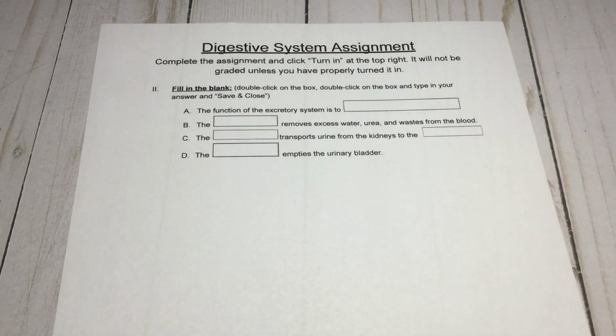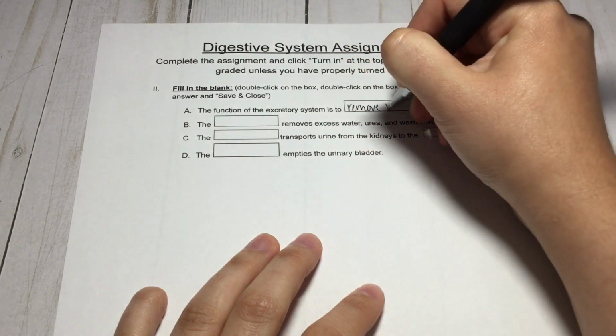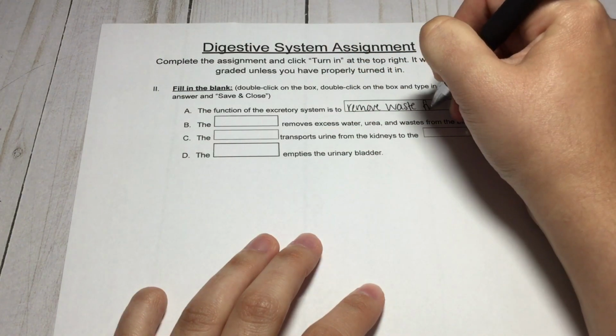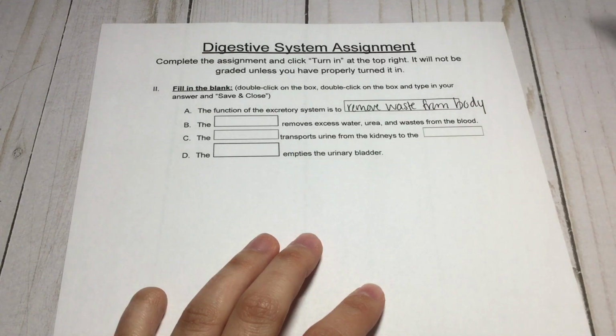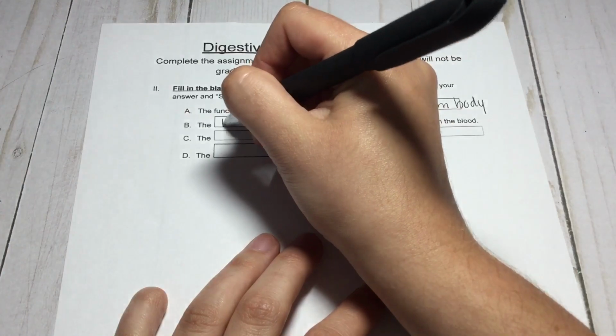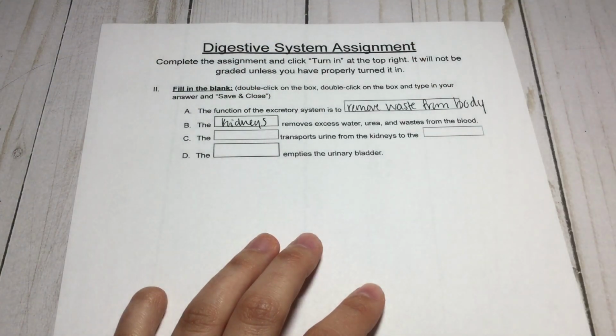The function of the excretory system is to remove waste from body. The kidneys remove excess water, urea, and waste from the blood.